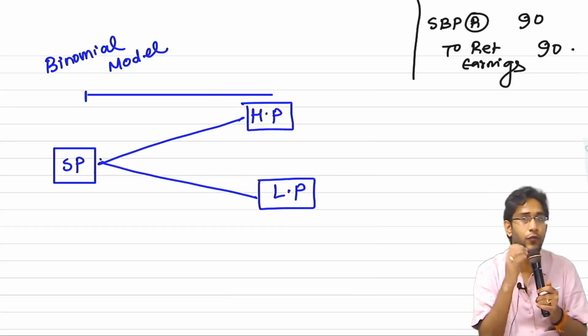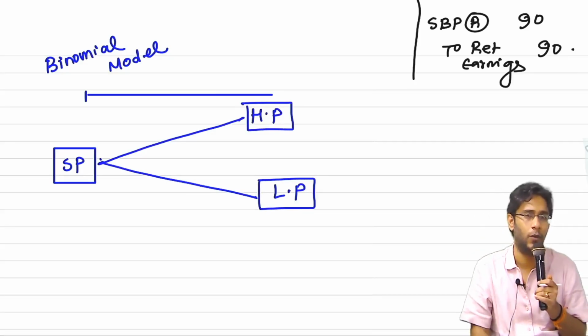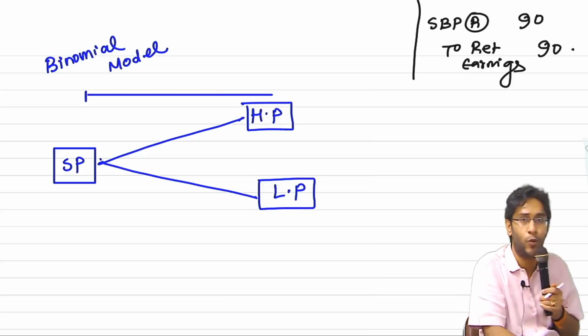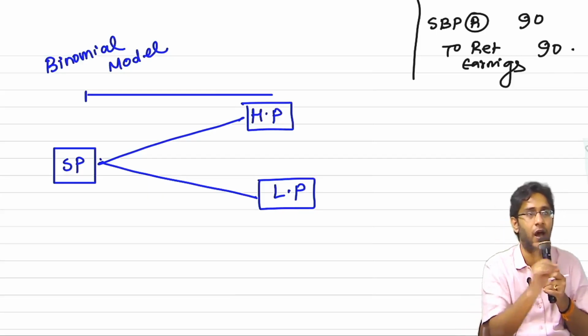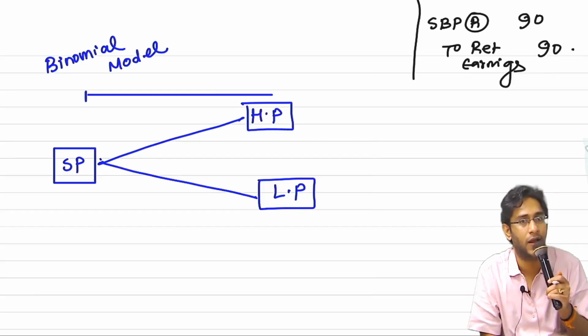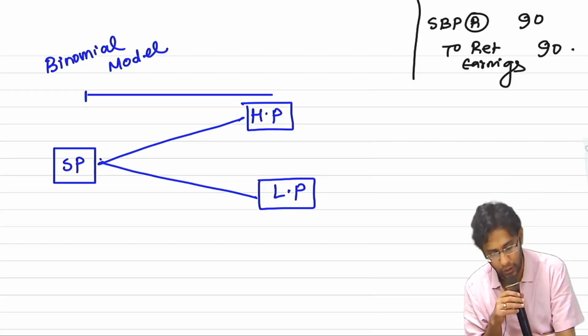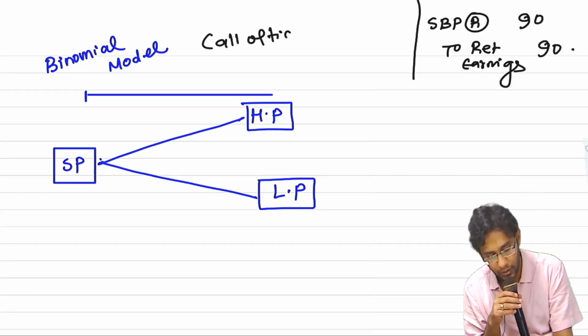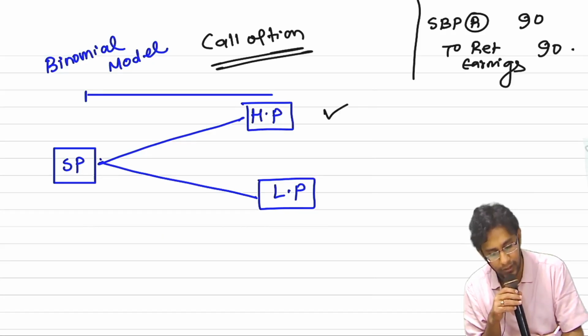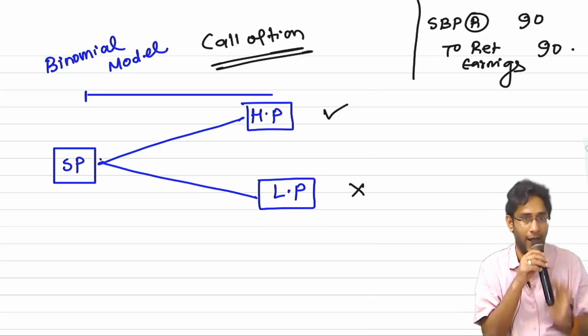If you see any question on the binomial model, at one price the option will get exercised, and at the other price the option will lapse. Since we are talking about ESOPs, an ESOP is nothing but a call option. Here it will be exercised, here it will be lapsed.